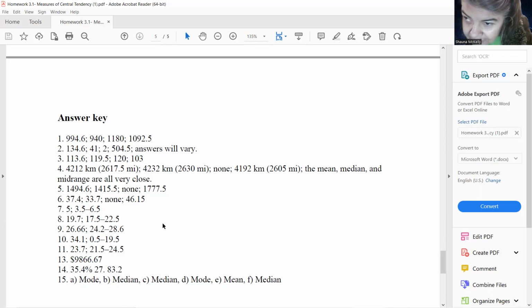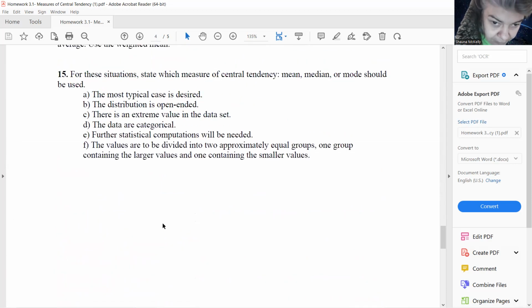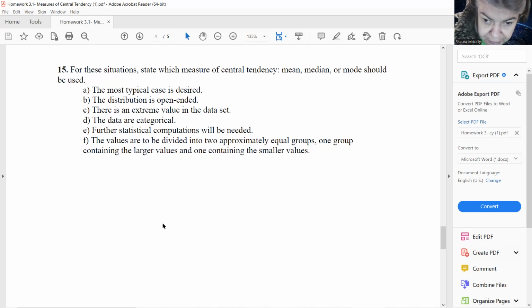And 10 people said cats, and 40 people said dogs, and 10 people said other. Well, the mode, dogs, would be the most common, and it would be categorical data.